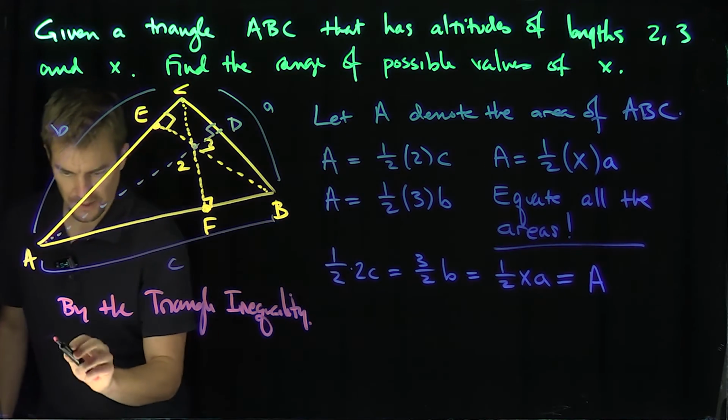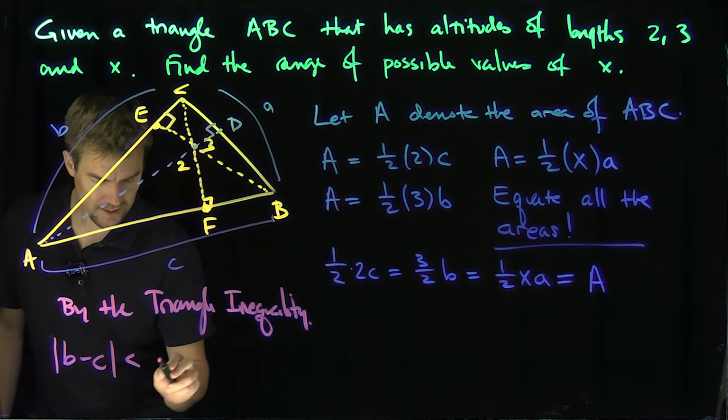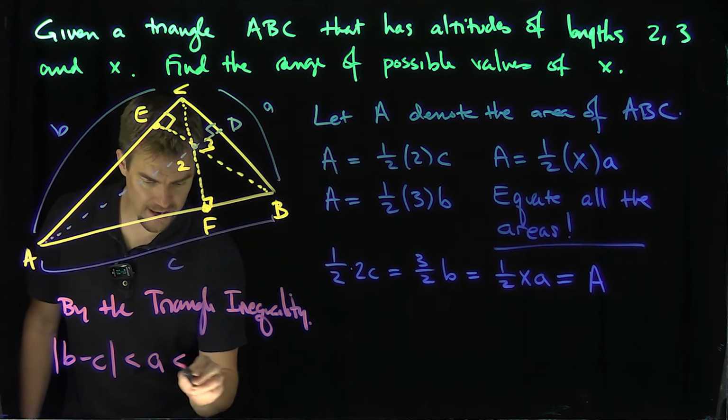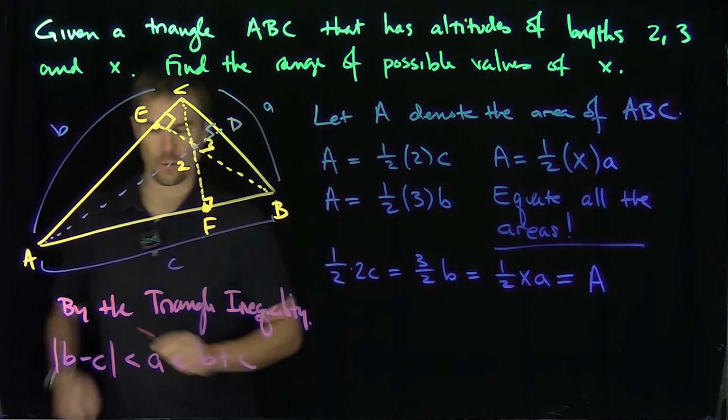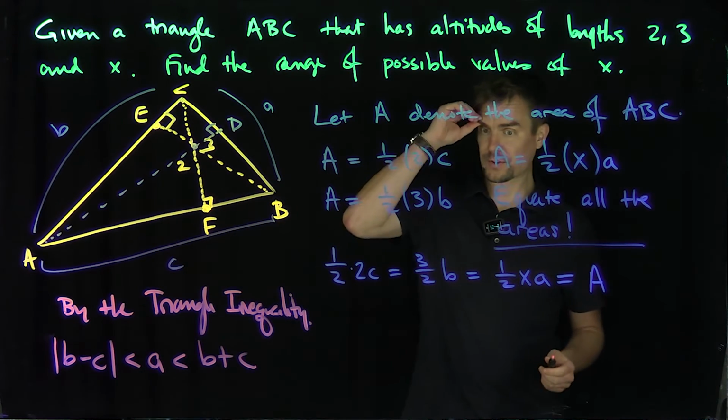So B minus C is less than A by the triangle inequality, and A is less than B plus C. That's the triangle inequality.